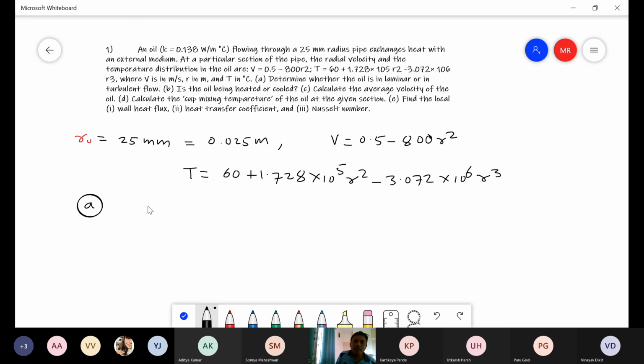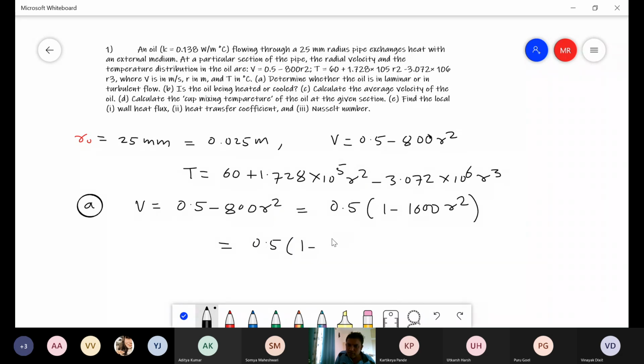Okay, so here what is been given is V is given as 0.5 minus 800 r square. So we can rearrange this equation carefully. So that becomes 0.5 into 1 minus 1600 r square, isn't it? And this we can further rearrange as 0.5 into 1 minus r by 0.025 square, isn't it?